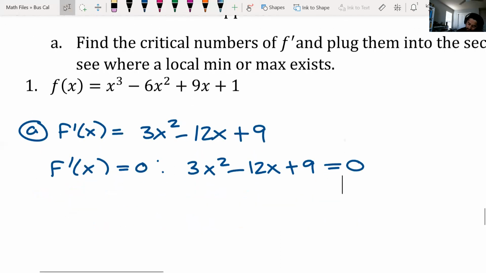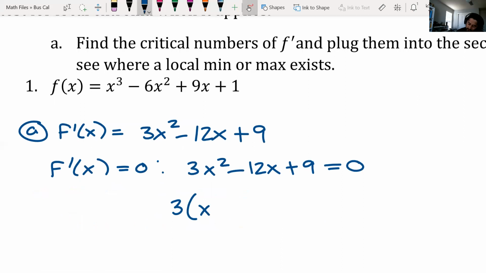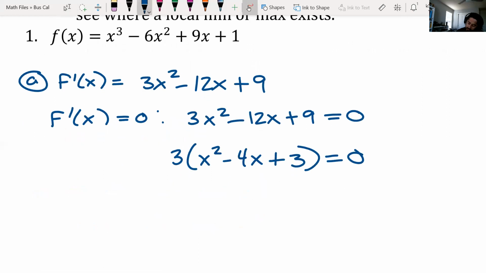Factor out a 3, and I get x squared minus 4x plus 3 equal to 0. And then factor this, and you'll get 3 times x minus 1 times x minus 3 equal to 0.